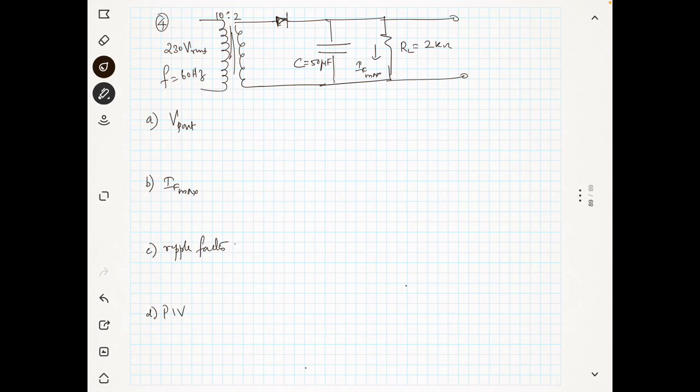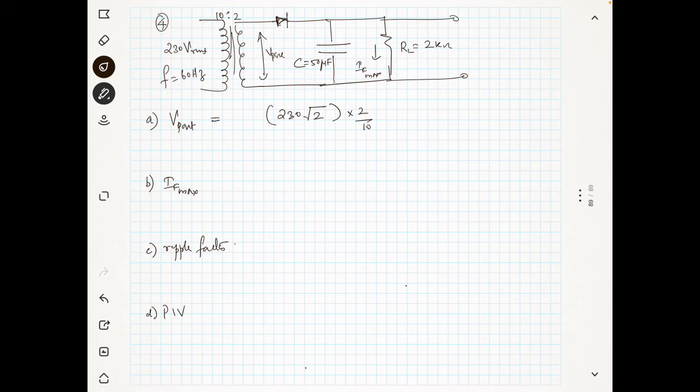So we have the RMS voltage 230 volt. First of all we will convert it into the peak voltage by multiplying with the square root of 2. After that we will multiply with the turns ratio 2/10, then we will get the Vp secondary, okay.